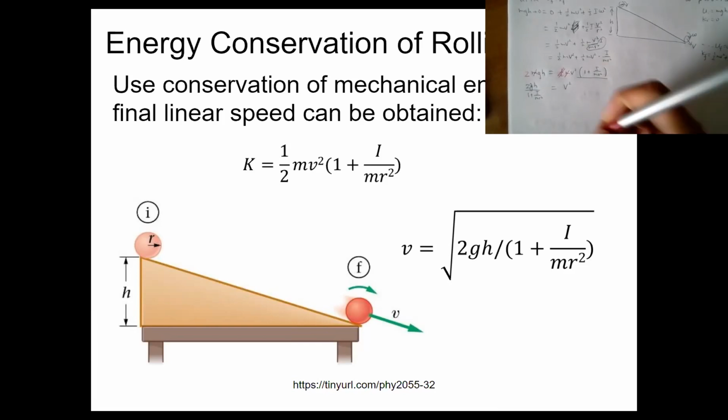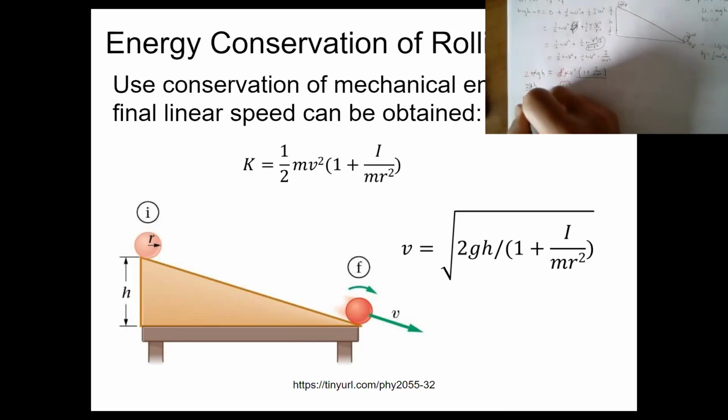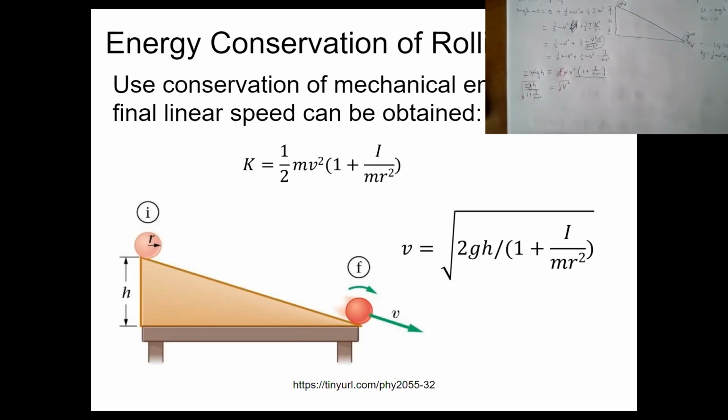So v is equal to the square root of 2gh divided by (1 plus I over mR²). This is basically what is shown on the PowerPoint slide.